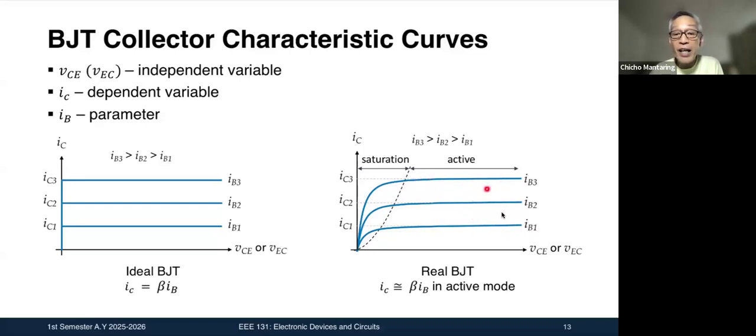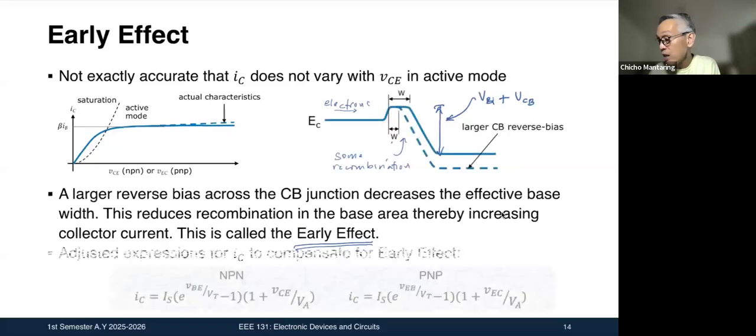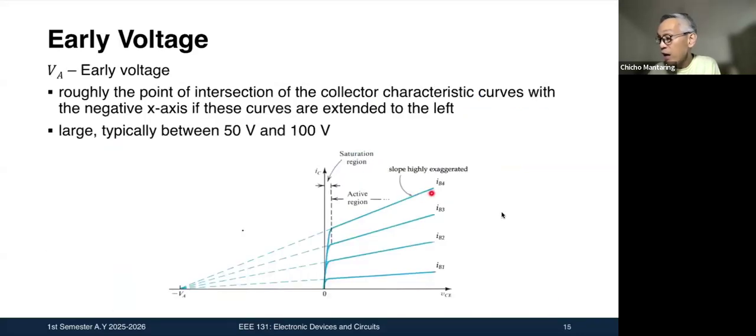If I exaggerate these slopes, this is what comes out. So this is highly exaggerated. The slopes are actually very subtle, but let's just exaggerate it. Okay. So these are your active regions here. And then this is your saturation region.